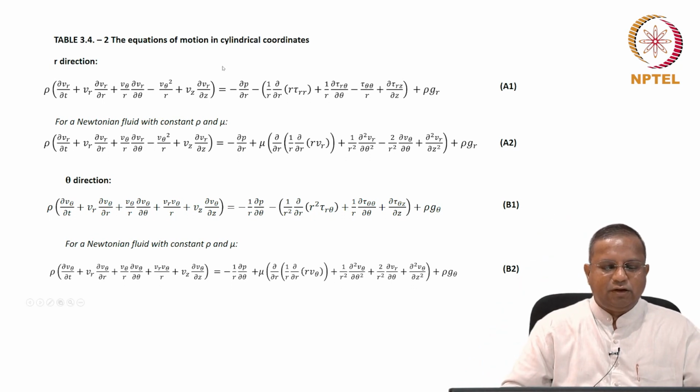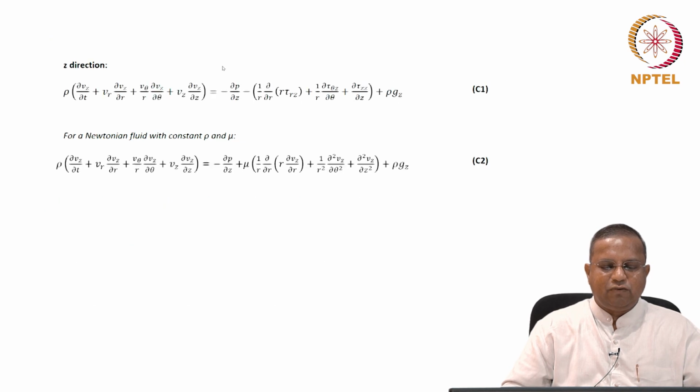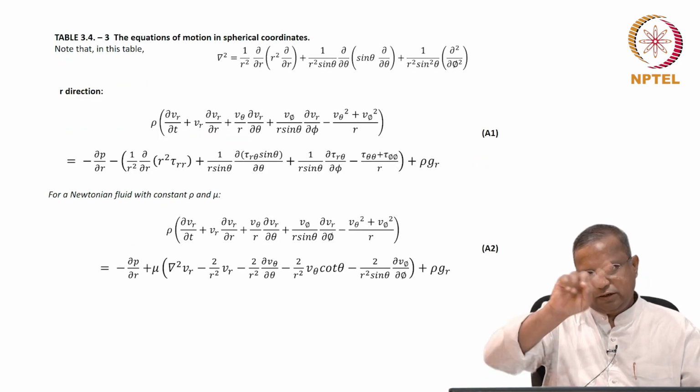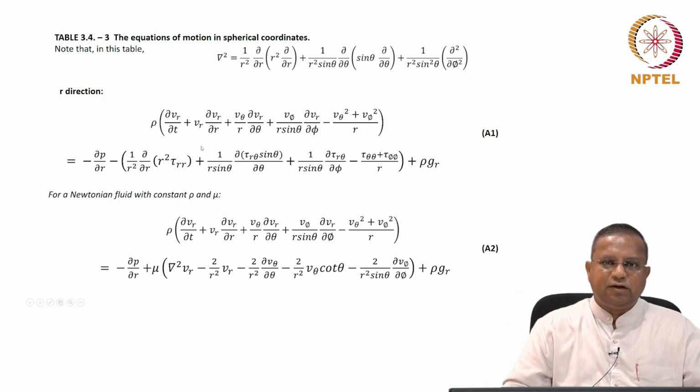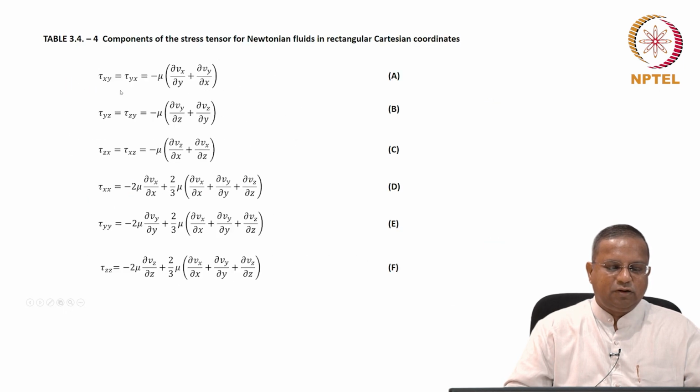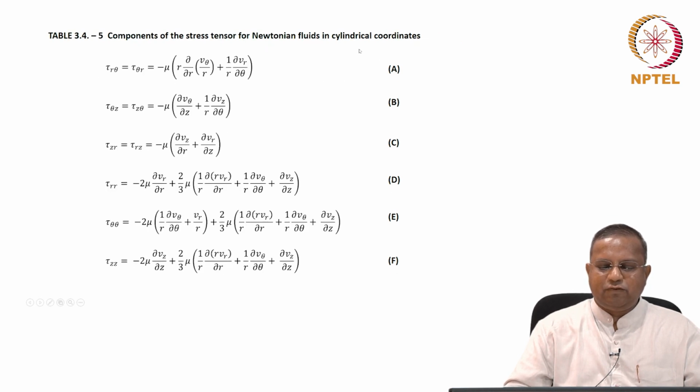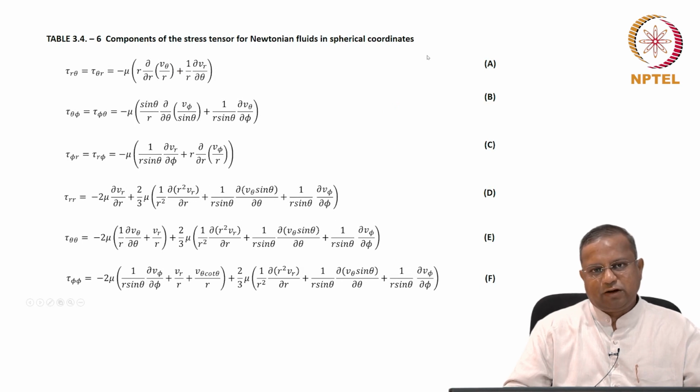And if you have spherical coordinates, you will have r, theta, and phi. Okay, so these equations are written in terms of those. The conversion has taken place already using the principles that are given in the appendix. And also, as we saw earlier, 3.4-4 gives the components of the stress tensor for Newtonian fluids in Cartesian coordinates first, then cylindrical coordinates, and then spherical coordinates.